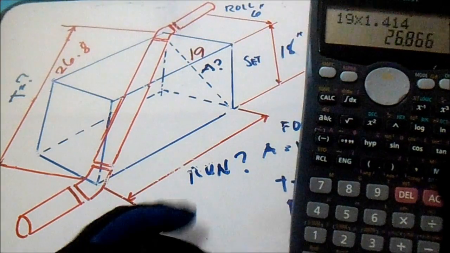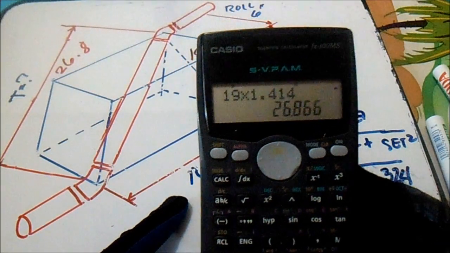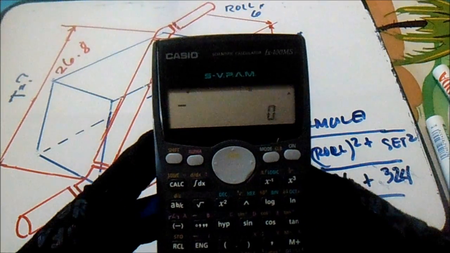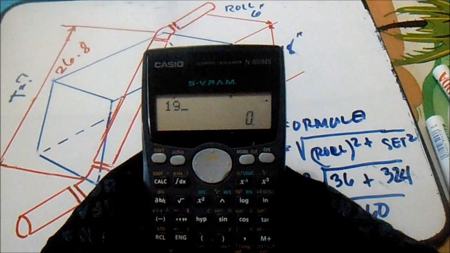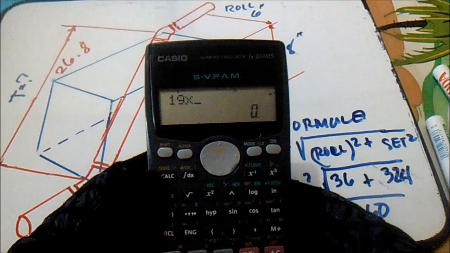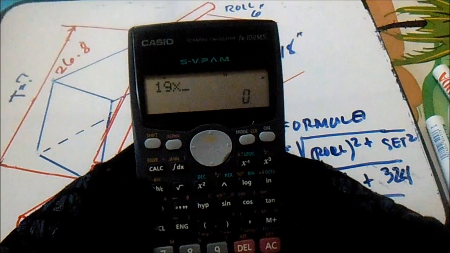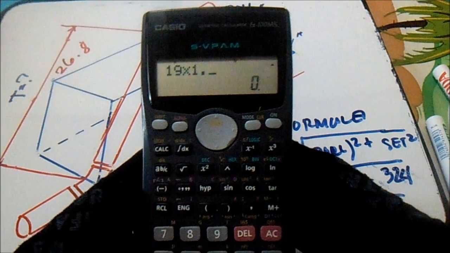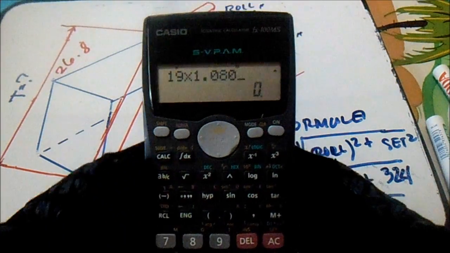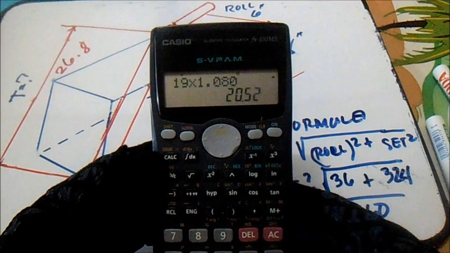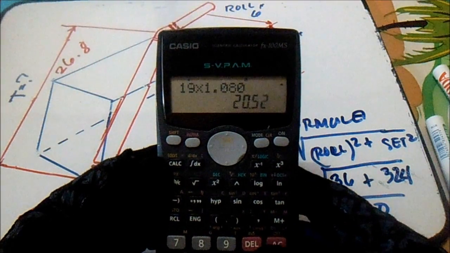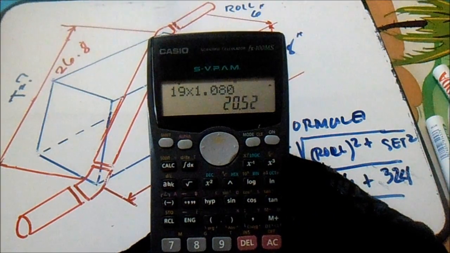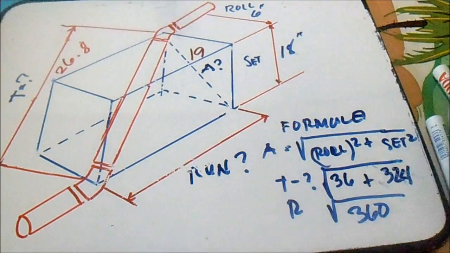Now we will find this run. To get this run, A is 19, just multiply it by 1.080. So our answer for the run is 20.52.